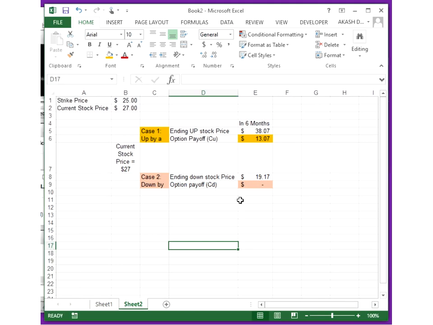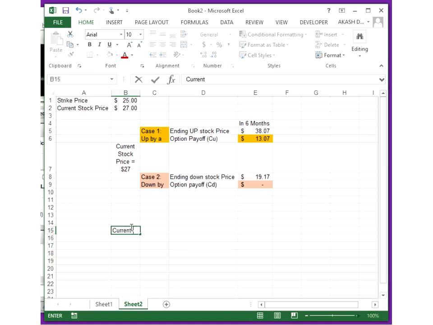All right, students online, can you view the Excel worksheet? So let's do this again. Is equal to $27.